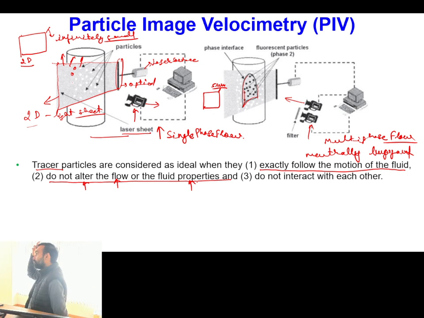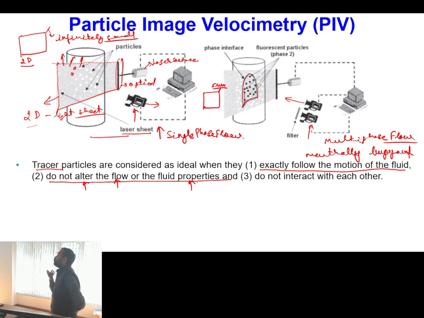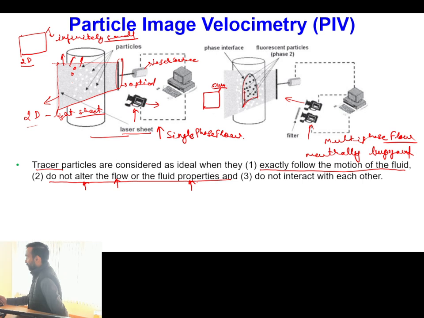So if your sample is loaded with high concentration, then first, the density of the complete mixture is going to change. Second, because particle-particle interactions will come into the picture, and whenever particles collide with the wall, these will try to influence the viscosity of the fluid for which we are doing the measurement.